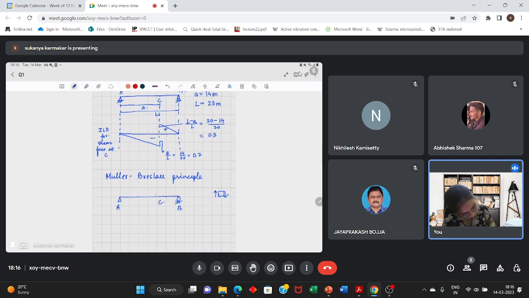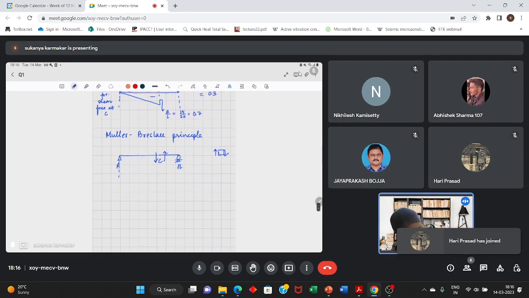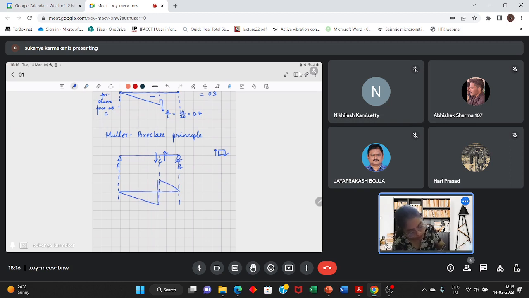So at this end, you are allowing to move it down, and this end, you are allowing to move it up. Basically, you are allowing sliding here. Basically, you are allowing the beam to slide up on this end, and on this end, you are allowing to slide it down. Sorry.